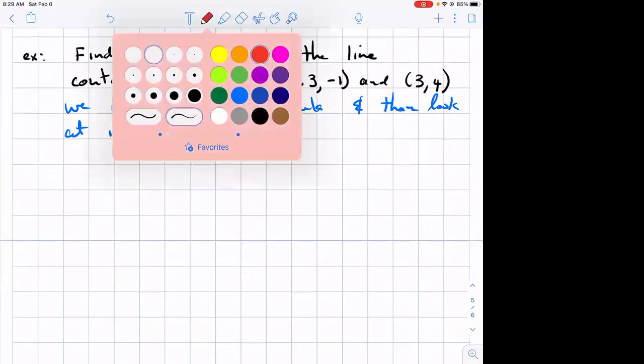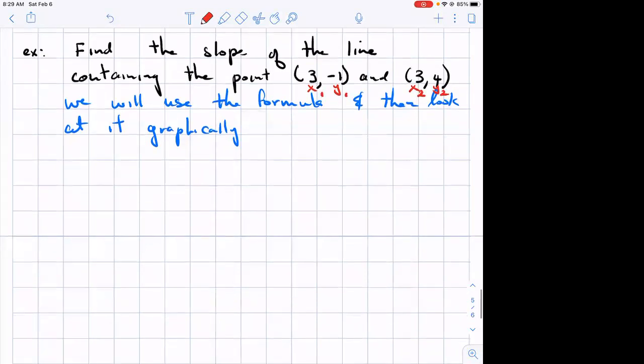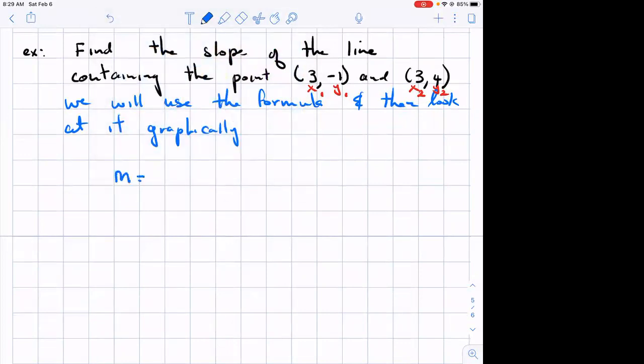So we have 2 points. This is x and y, so I'll call this x1, y1, x2, y2. We know the formula: m is equal to y2 minus y1 divided by x2 minus x1.